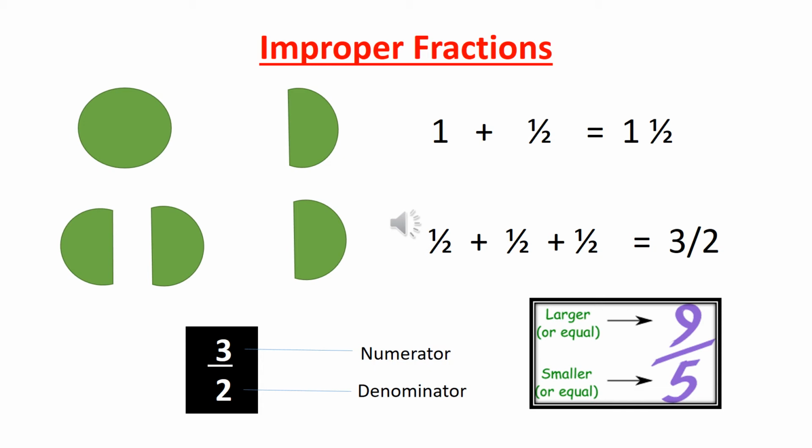Here, the numerator 3 is greater than the denominator 2. Likewise, we can get some more examples also. 9 divided by 5. 9, the numerator, is larger than the denominator 5. Or else, the numerator and the denominator may be the same.